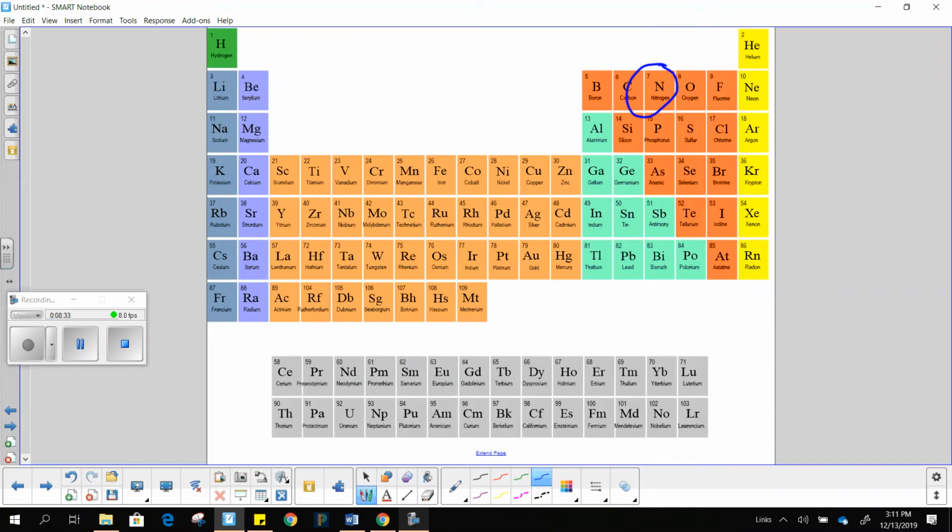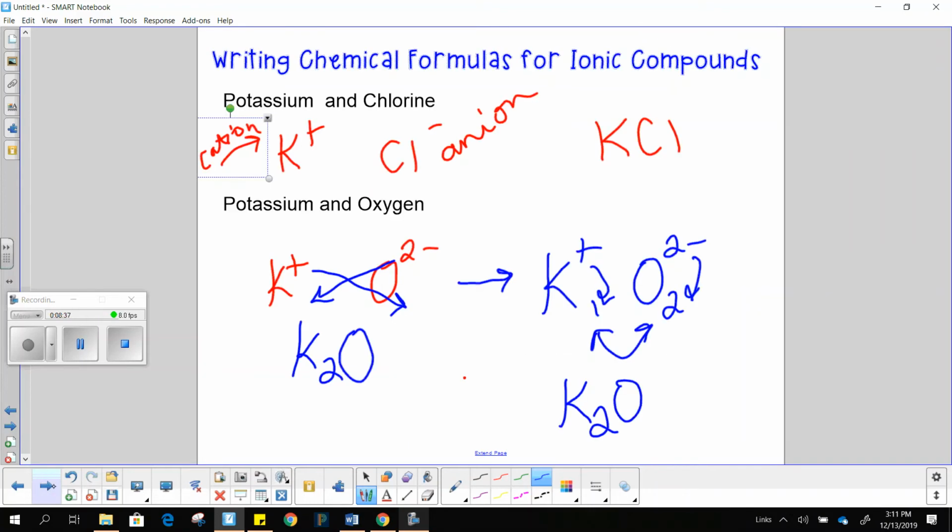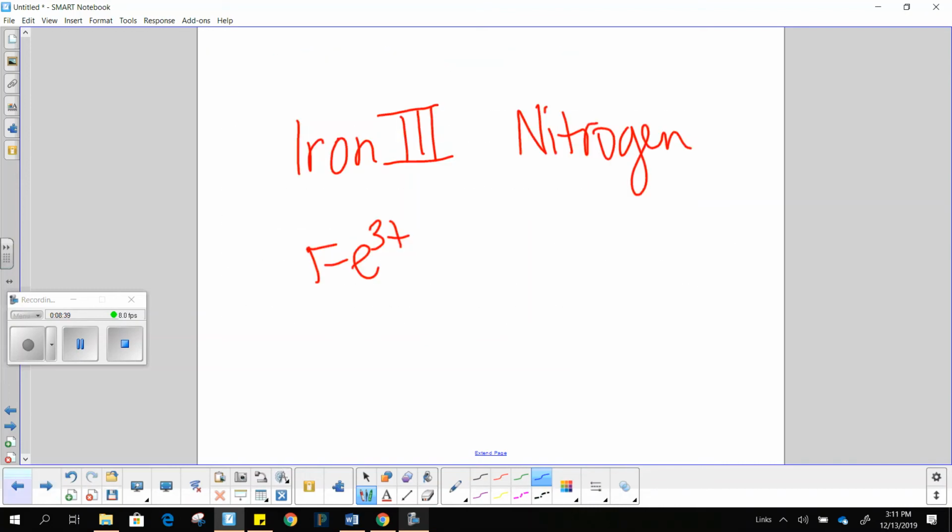It's going to actually have a 3 minus charge based on its location in the periodic table. So when you go to put these 2 together, they will actually cancel each other out. So you must simplify these types of problems, okay? So that would be the chemical formula for this compound.